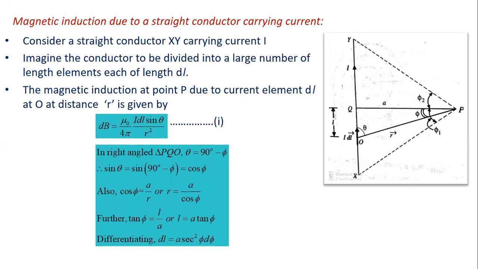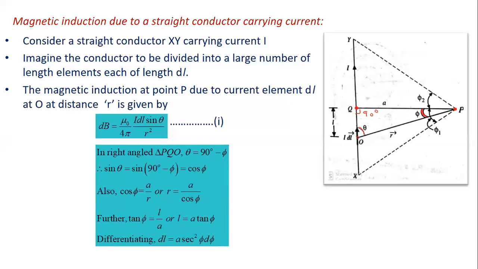Now let me use some trigonometry here. In right angle triangle PQO, this is P, this is Q and this is O. In this triangle, theta is equal to this theta. This angle is 90 degrees, and this is phi.